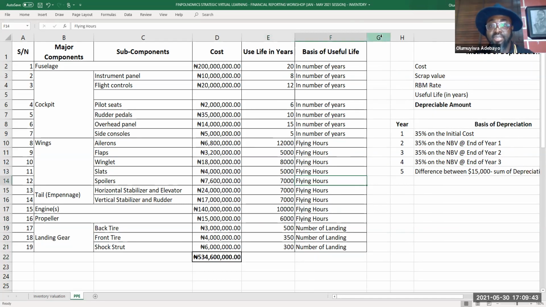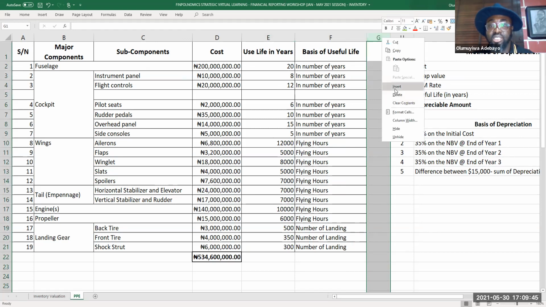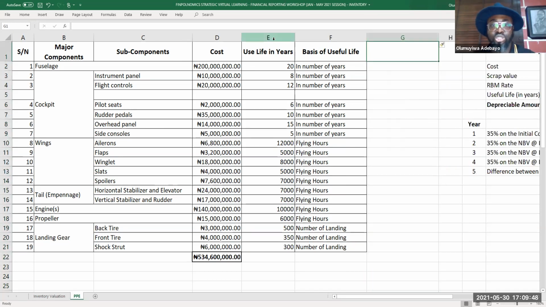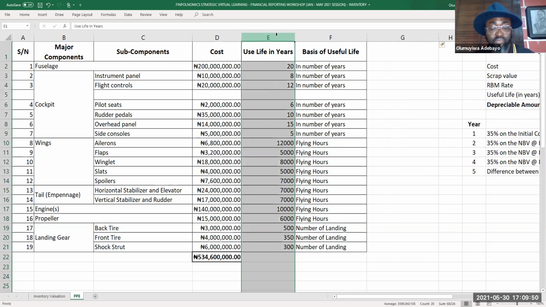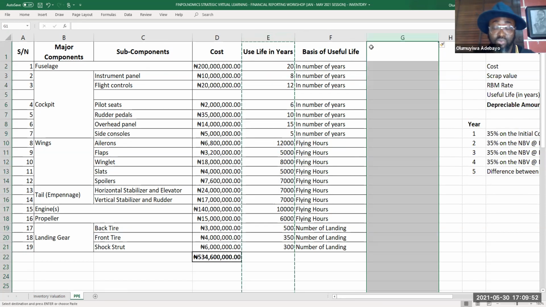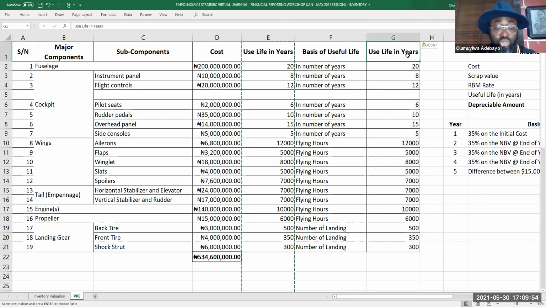Okay, now let me create the usage in the year. Let me say that's our first year. Now, in the first year, we have only used 1 year in all of this.